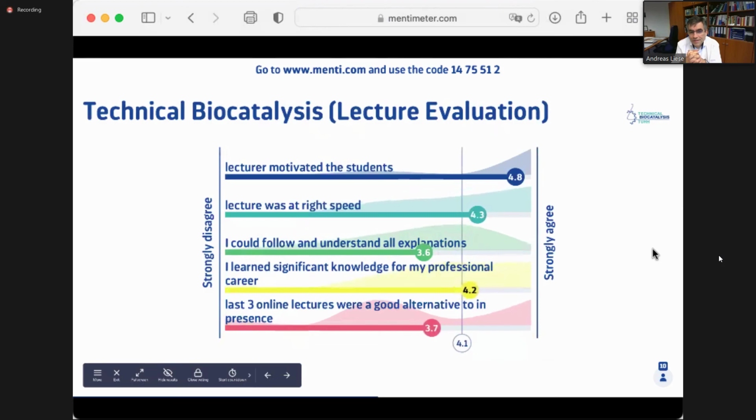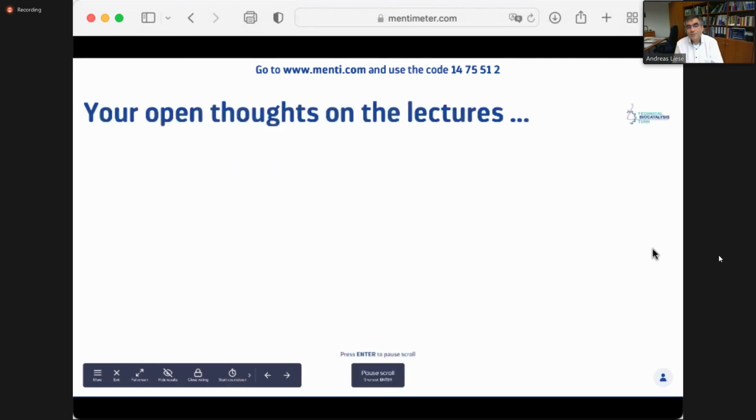Also here, I can see that it's less positive in terms of whether I could follow and understand all explanations. I know this is also the slightly harder part to follow, and you have more principles in mind to judge all this. But thank you very much for the positive feedback here too. And then you still have the chance to share some thoughts or something I could optimize in the next round of lectures. So feel free to also give some feedback anonymously here.